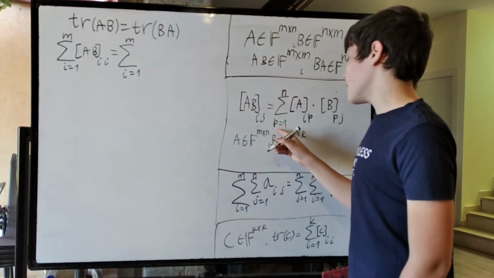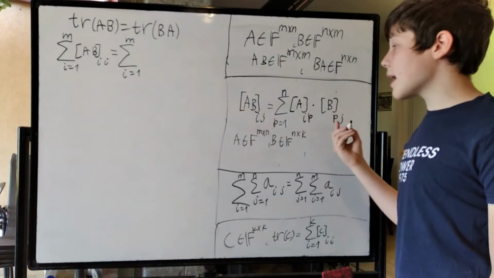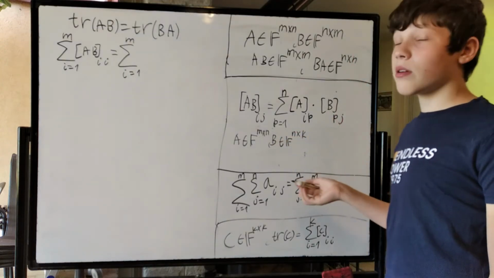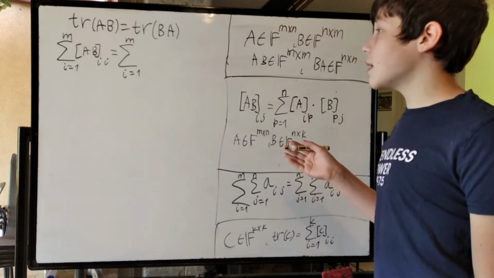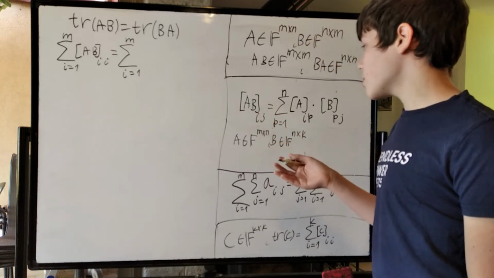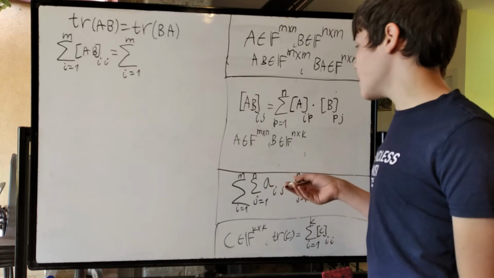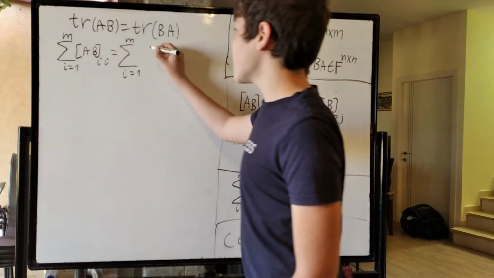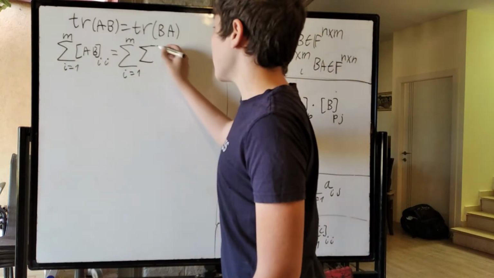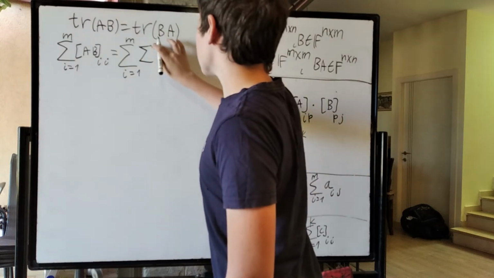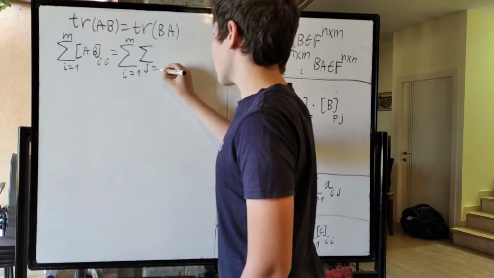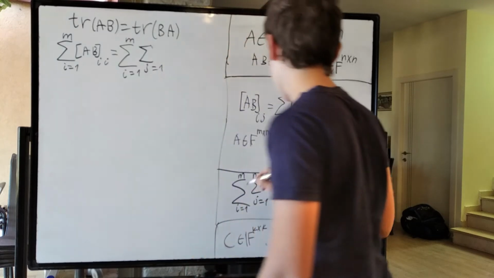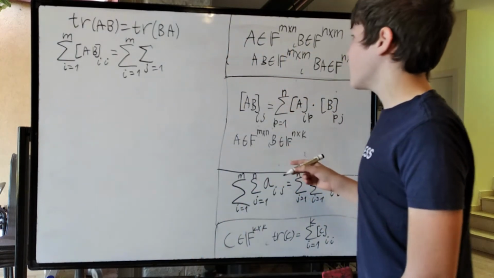Now instead of p here, we're going to put in j. It doesn't matter what the term is, as long as we didn't use it earlier, so it doesn't confuse anything. So we can say that this is the second sum. The inner sum is of j as it goes from 1 to, now here we have n.